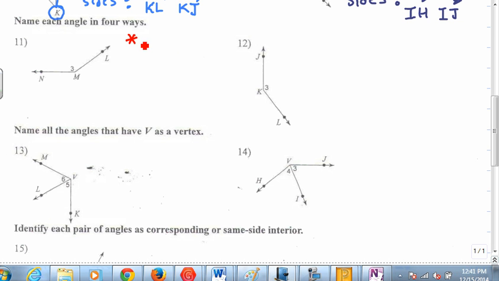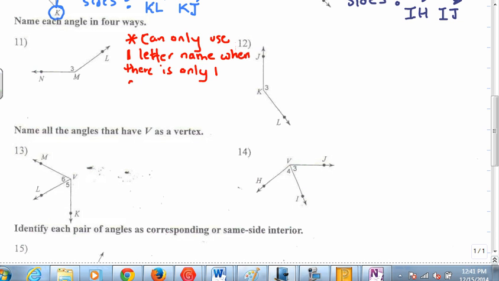You can only use a one-letter name when there's only one angle with that vertex.